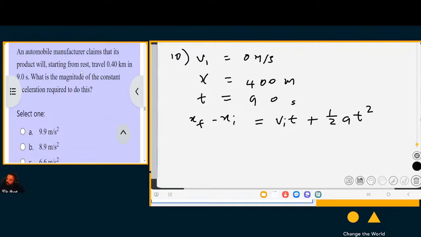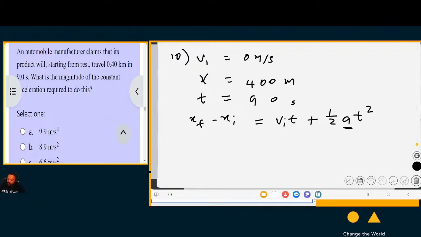Speed times time gives you units of distance. A half acceleration times time squared gives you still distance, which is what we want. If you have a question, just ask me, raise your hand or whatever, if you're still not with me so far. Now we want the acceleration.